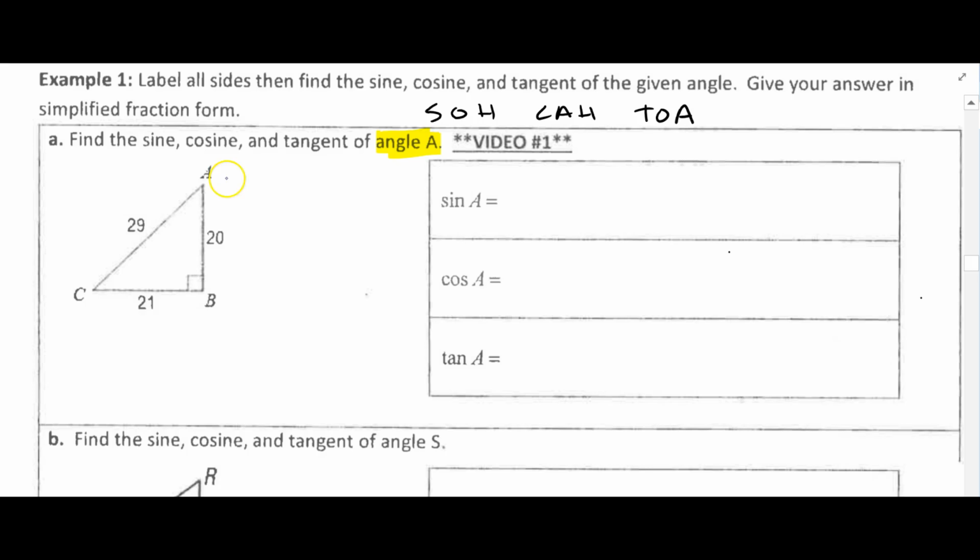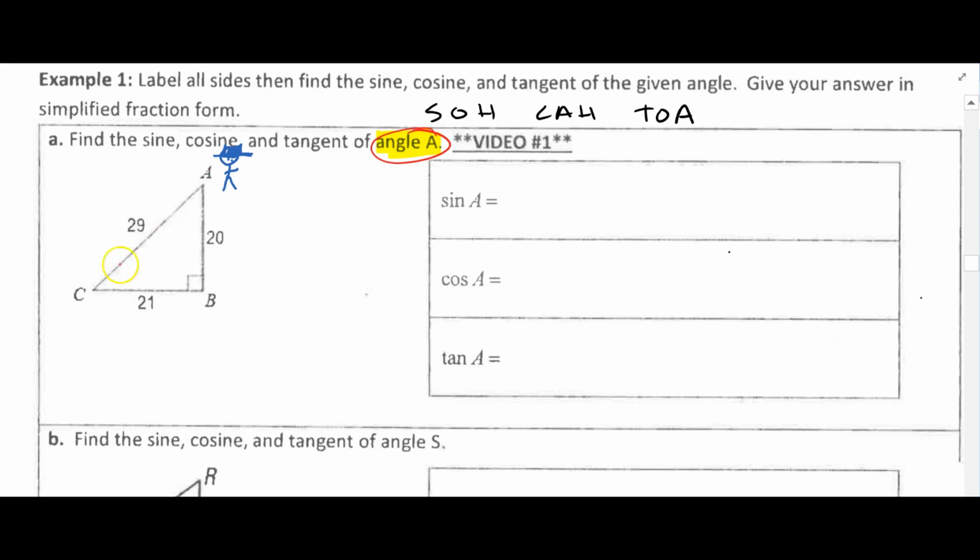So we are standing at angle A, so I'm going to draw my stick figure man. He's wearing a hat today. First thing I do is I draw my stick figure at the angle that I'm concerned with, so angle A. Then I'm going to label my opposite, adjacent, and hypotenuse.